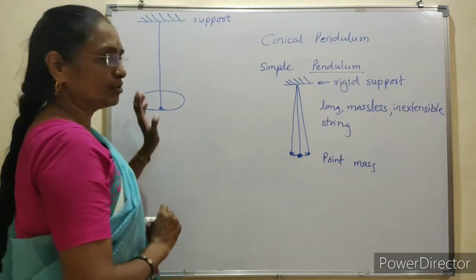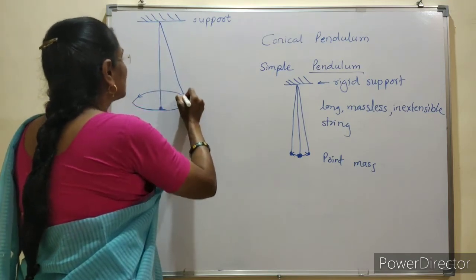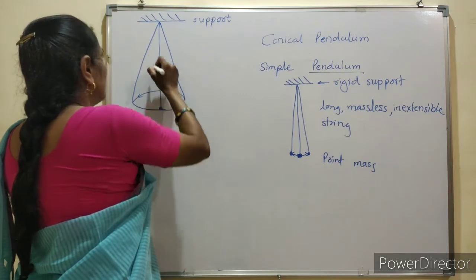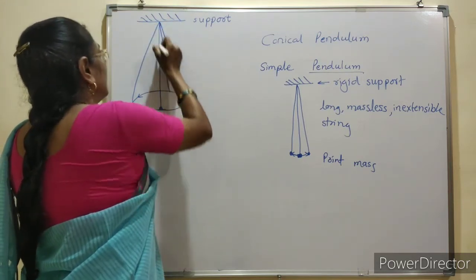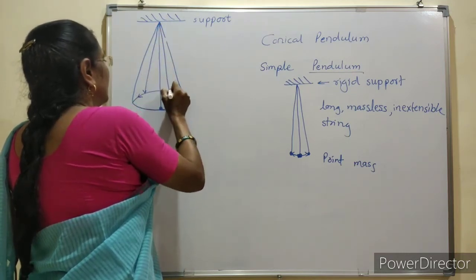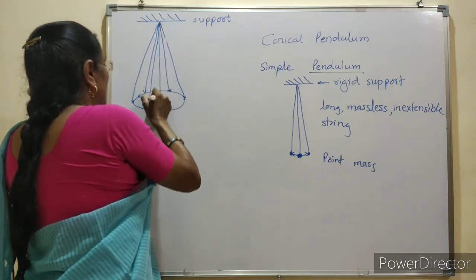Suppose it is in the anti-clockwise direction, and the cone shape traced by the string can be shown in this way. Simply you can imagine the cone.